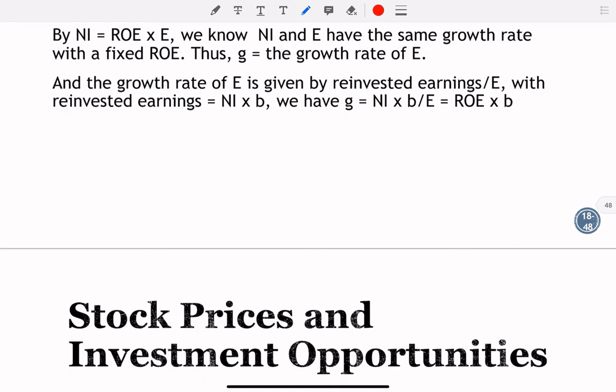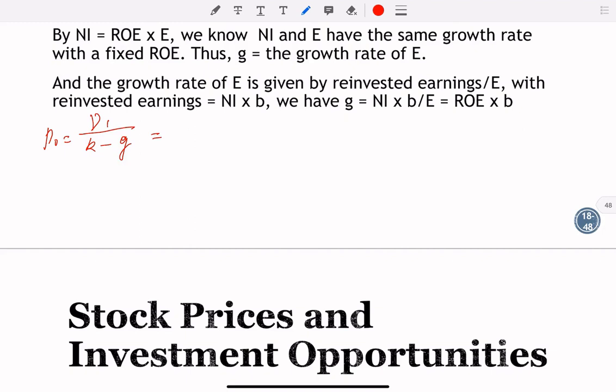Say we know a stock's intrinsic value equals dividend divided by K minus G. So let's express this formula in terms of the plowback ratio.